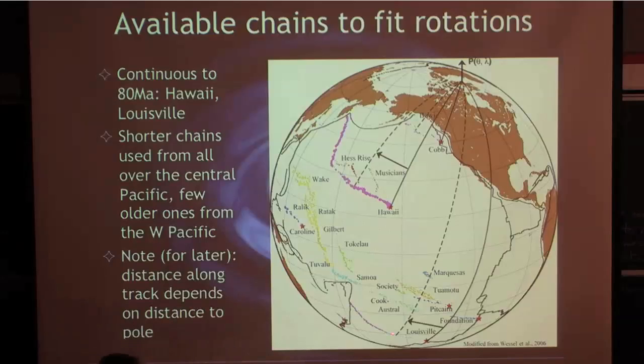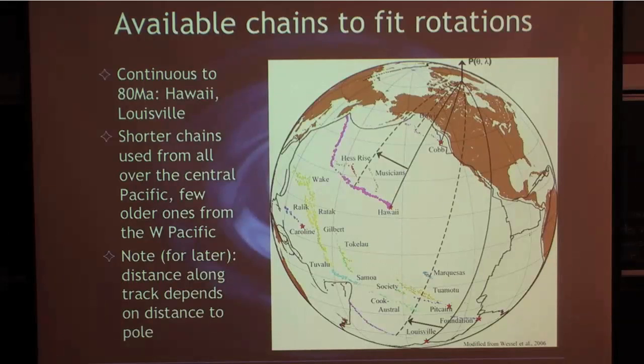You can see here there's a little red star for each hotspot. This is time 0, this is time 0 for Hawaii. Basically, what you're going to do is start following that polygon along all these different parallel tracks and find the rotation pole that allows you to make that one simple rotation.